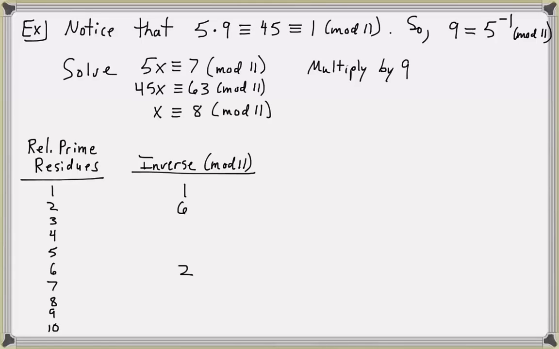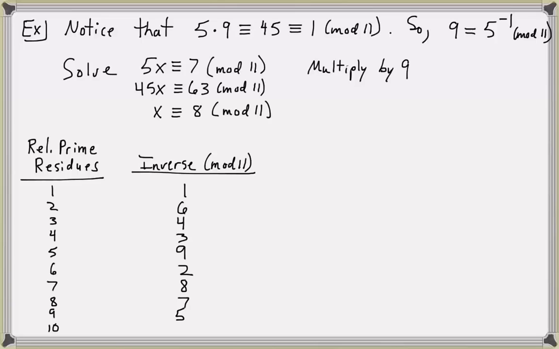We've already established that 9 is 5's multiplicative inverse, and therefore 5 is the multiplicative inverse of 9. 3 times 4 is 12, so 3 times 4 would be congruent to 1 mod 11, and therefore 4 times 3 is congruent to 1 mod 11. 7 times 8 is 56, which is 1 more than a multiple of 11, and 8 times 7 is also 56.